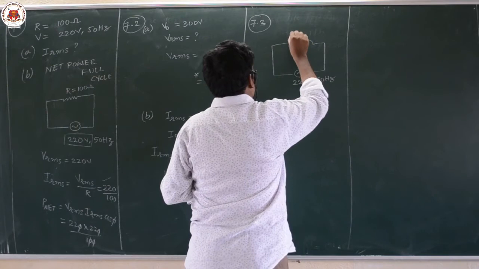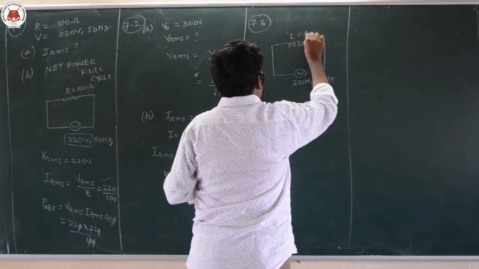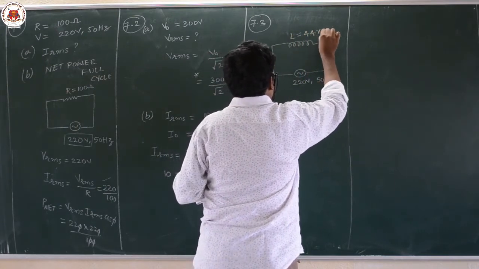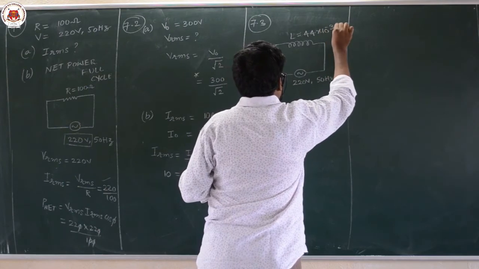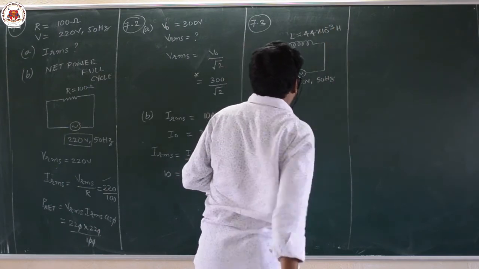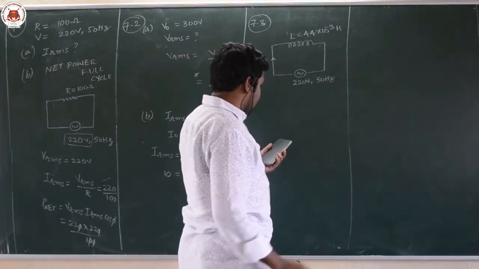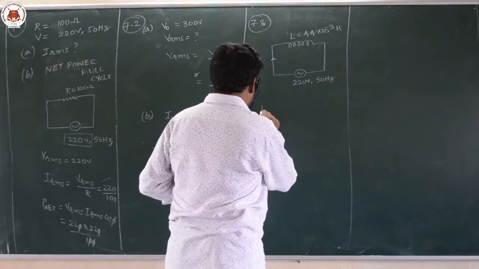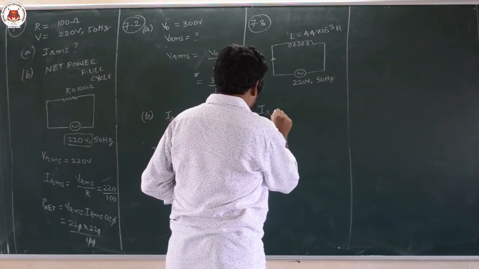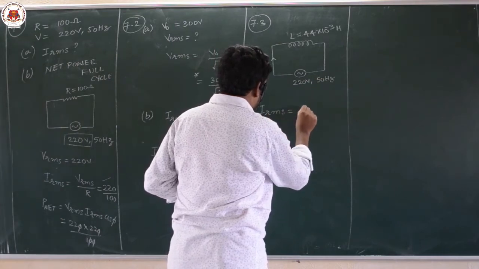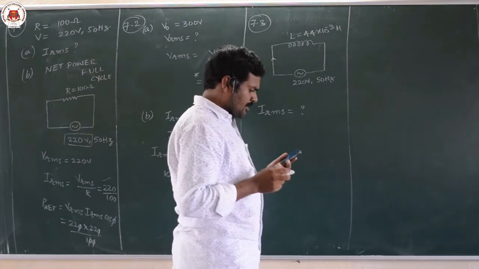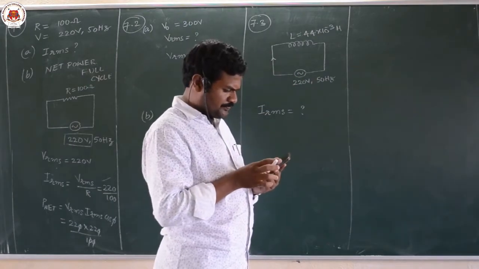The value of inductor is 44 into 10 power minus 3 henry. Now what is it asking? It is asking the IRMS value of current.